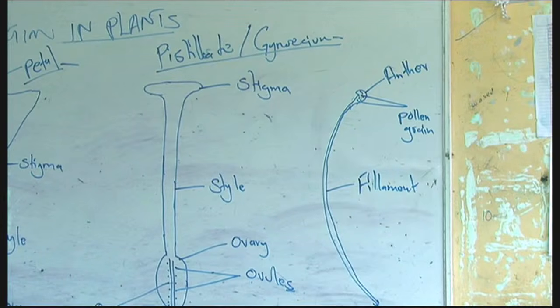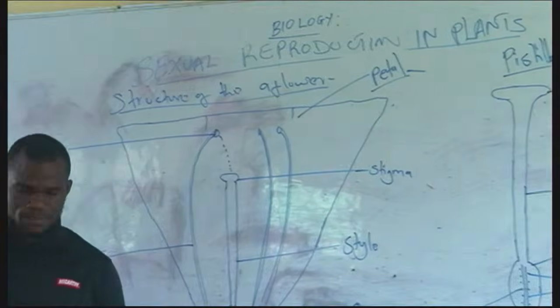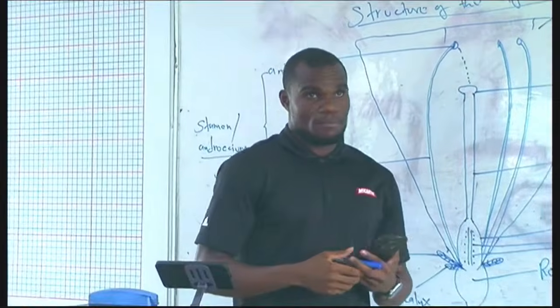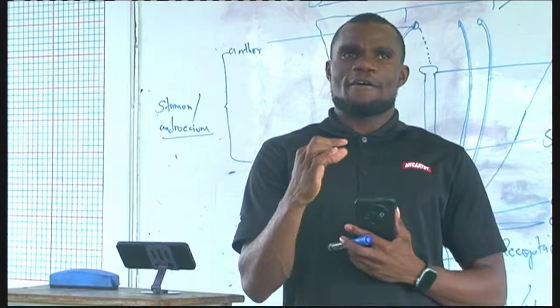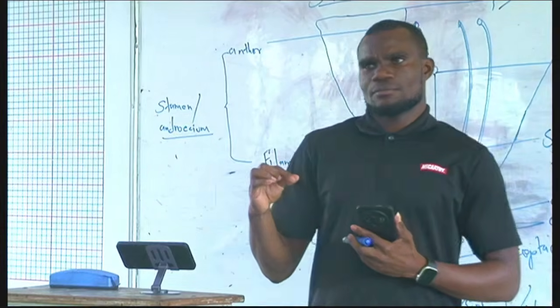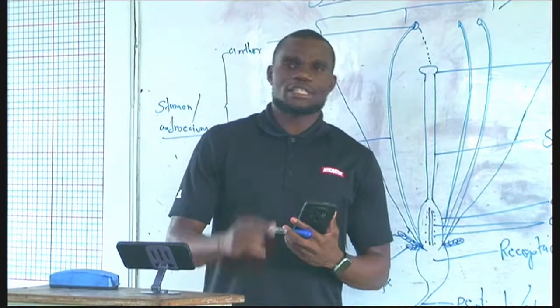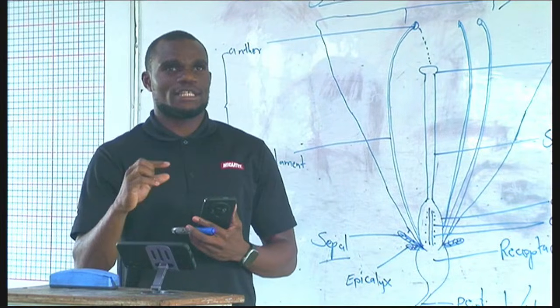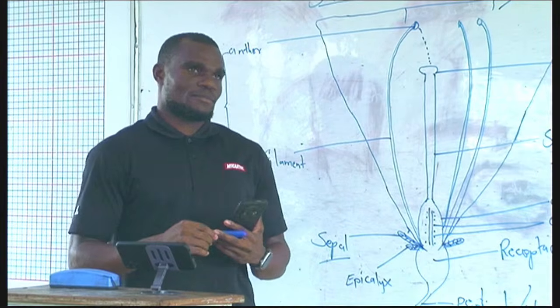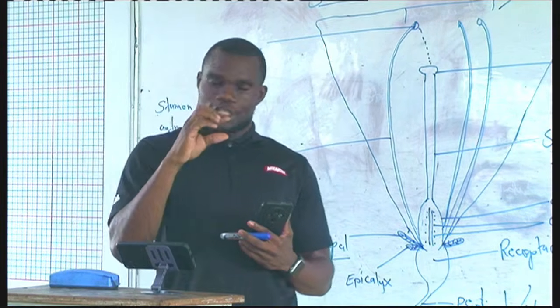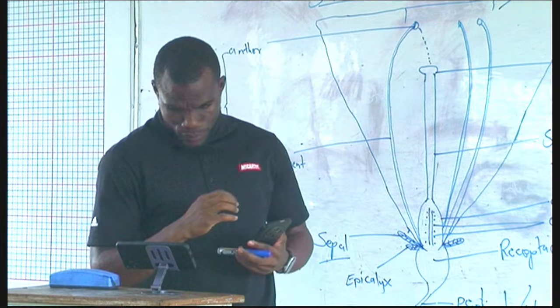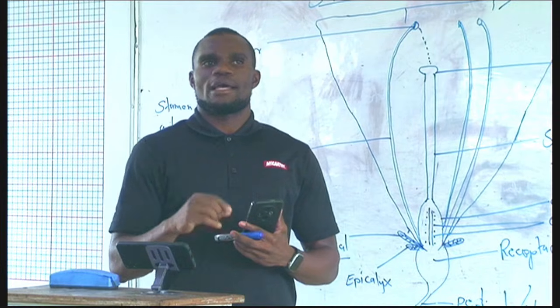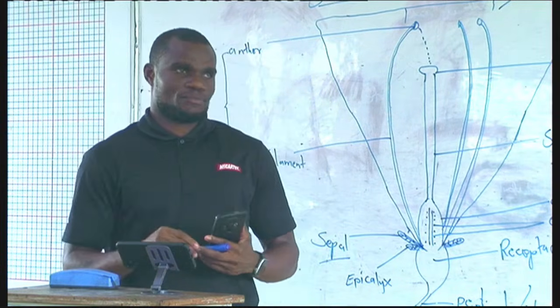So let's proceed to the description of a flower and its floral parts. When you talk of the description of a flower, we have a complete flower. We also have incomplete flower. But the question is, what is this complete flower? And what is this incomplete flower? Talking again on the description, we are going to discuss the unisexual flower and also bisexual flower.